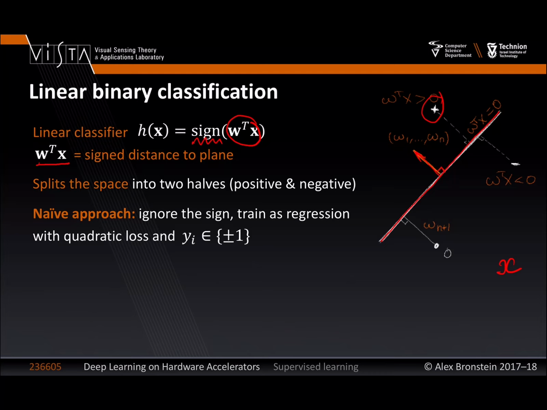So if you have a negative here, you would like to penalize it the same way as a negative here. But the quadratic loss doesn't achieve this goal. It will give a much higher penalty to this example rather than to this example. So it's probably not good for any practical purpose when you have even a small amount of outliers. You want something that doesn't penalize quadratically, something that saturates very fast to some constant. So it's not good to solve binary classification problems as regression problems.